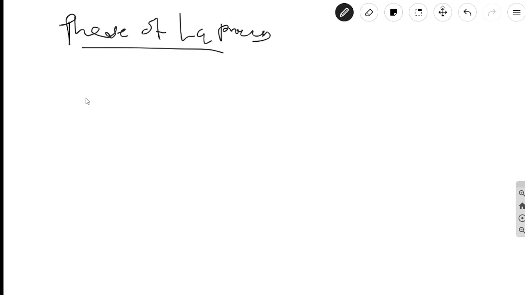We have three phases of the liquidation process. Number one is accumulation, and mind you, these phases also appear in every business. It doesn't matter the business you are in, if you are selling products, these phases appear in any business. So the first phase is accumulation.